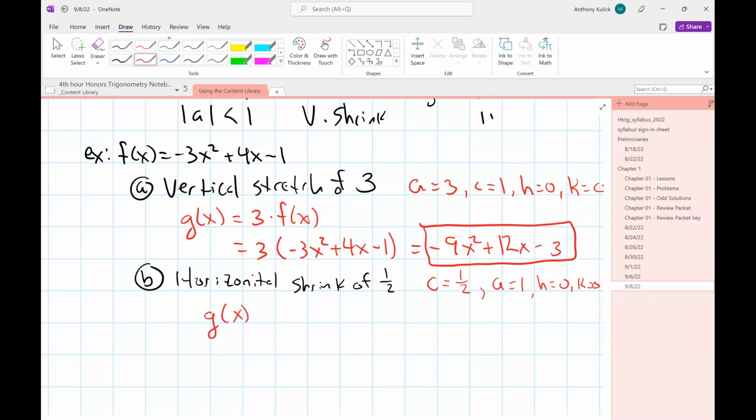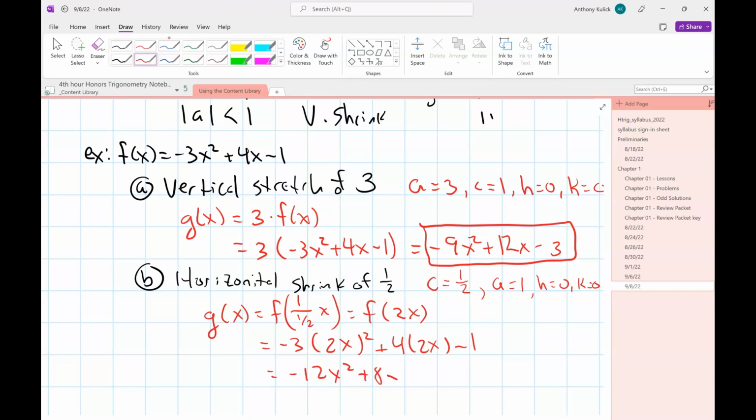So my g of x should be f of 1 over C times x. And what's 1 over 1/2 the same as? 2. So I'm going to have negative 3 times 2x squared plus 4 times 2x minus 1, which is going to be negative 12x squared plus 8x minus 1.